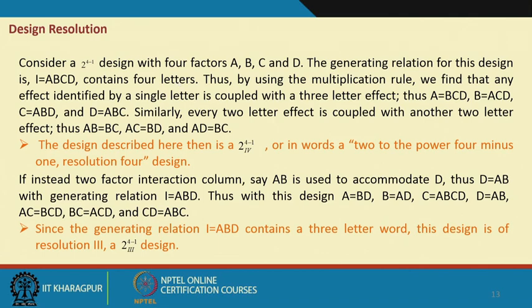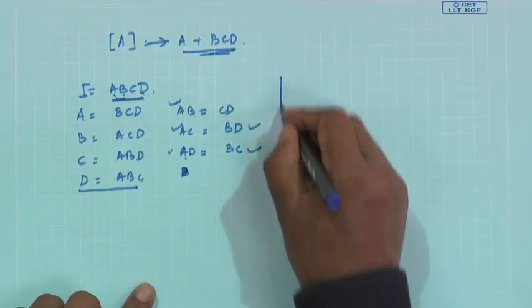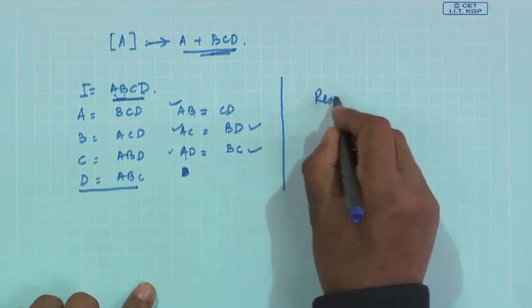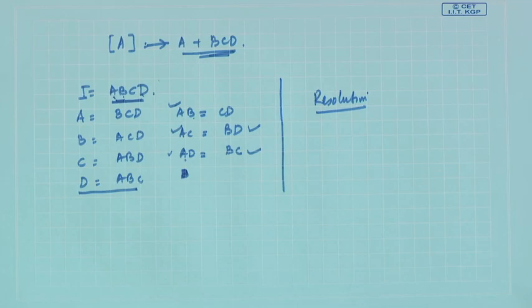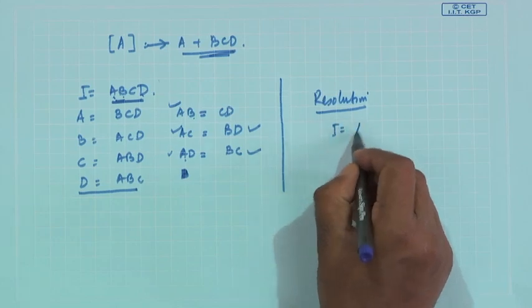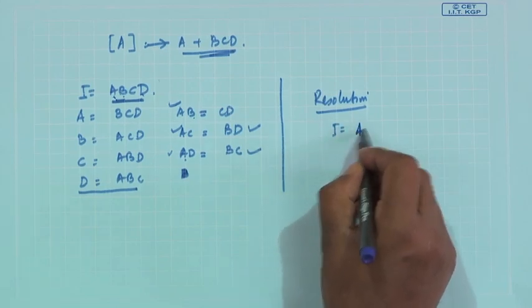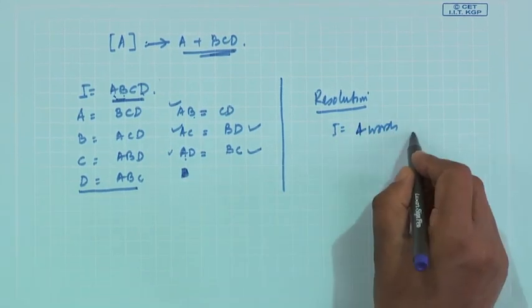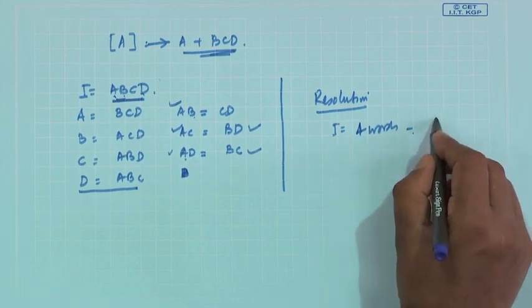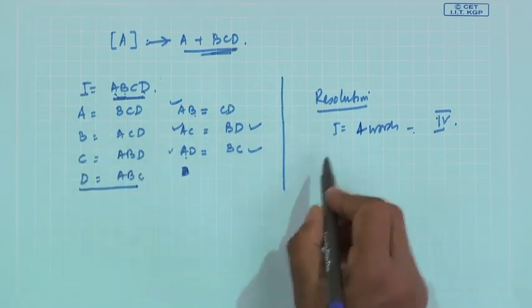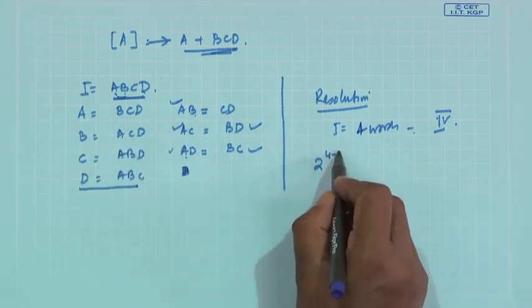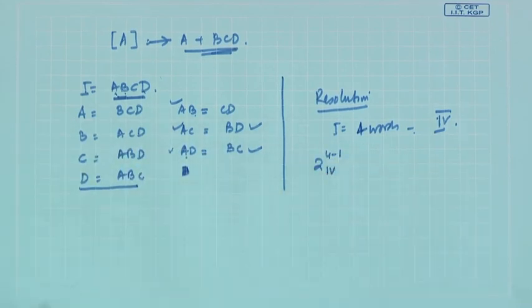Usually, this talks about the resolution. The higher the resolution, the better the design. If I equal to contains 4 words, then the design resolution is 4.